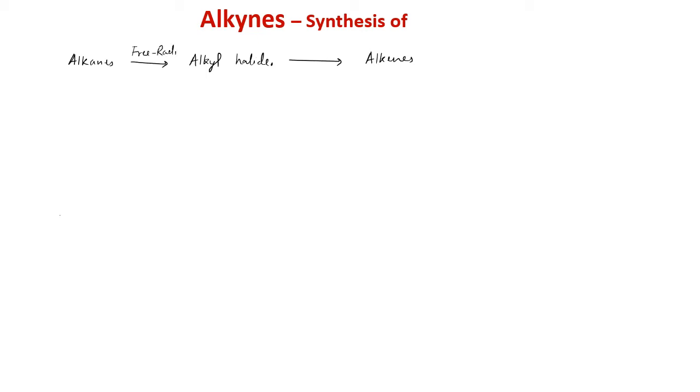Now we are referring to E2 specifically. This could be E2 or E1, but we're referring to E2 specifically because E1 always competes with SN1. So you can convert alkyl halides into alkenes.